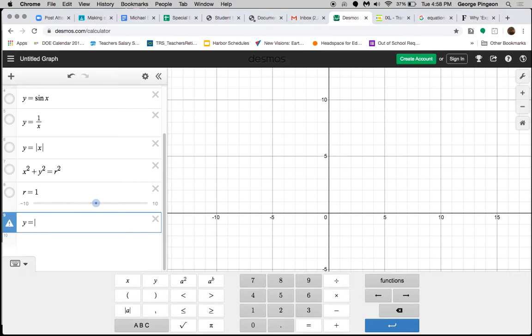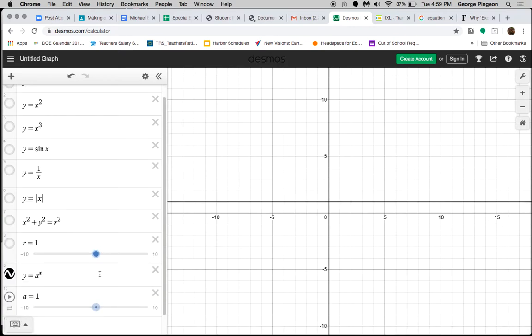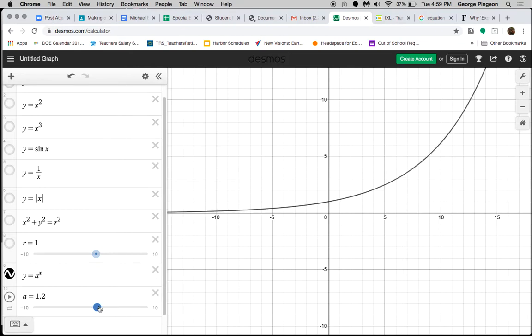There's a few that I didn't even put in here, but probably the one that's most in the news these days is exponential, where y equals a to the x power, right? So when a is 1, it's just a straight line. But when a starts to increase, then you have this sharp, exponential increase. So the coronavirus, for example, looks something like this, right?